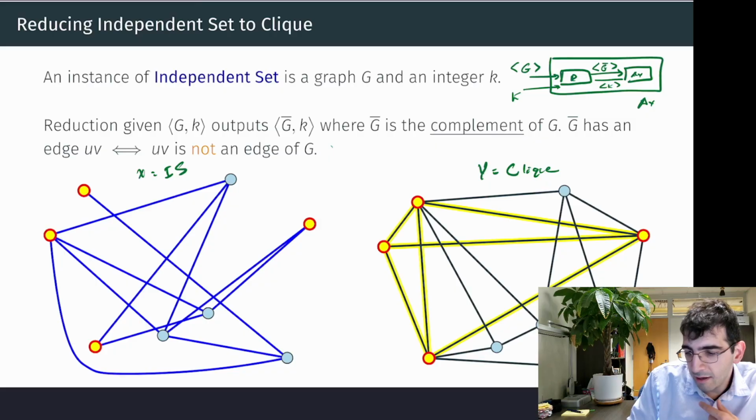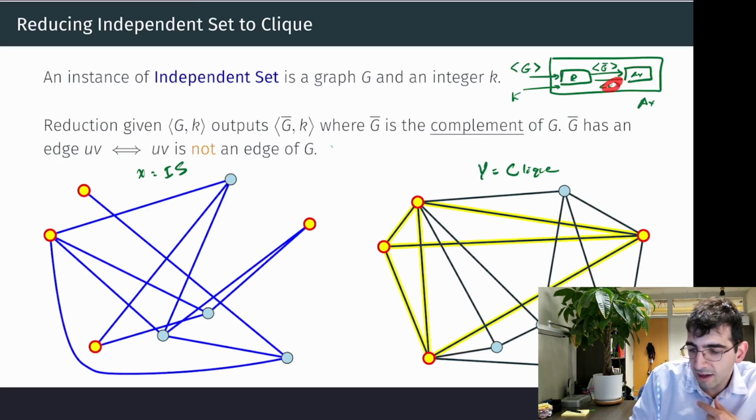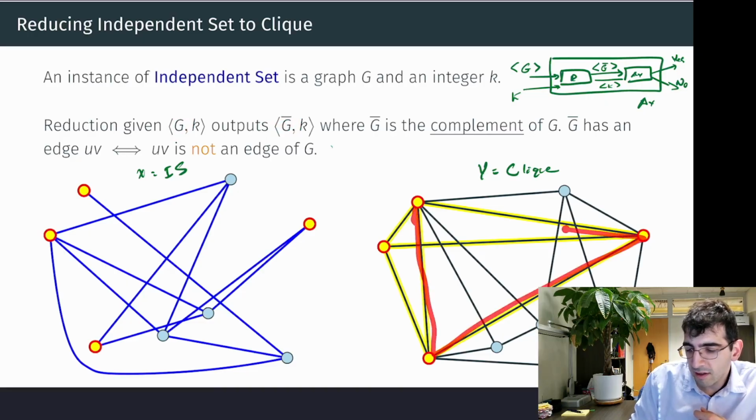And then if AY says yes, there is a clique of size k on the edge complement graph, then there must have been an independent set of size k on the original graph. Right? So we just pass through the yeses and the nos. That's our reduction. Our reduction is simply taking the original graph and creating a new graph that only lists the complement edges. Okay?